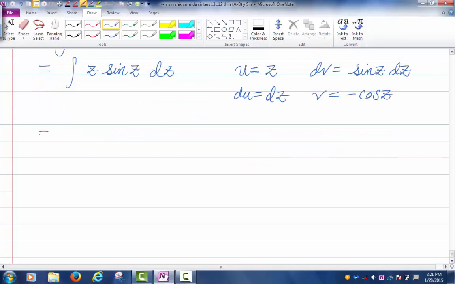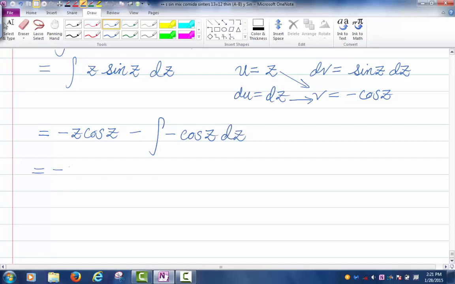So we apply that. You multiply u and v, I get negative z cosine z minus the integral of v du, so that's going to be negative cosine z dz.